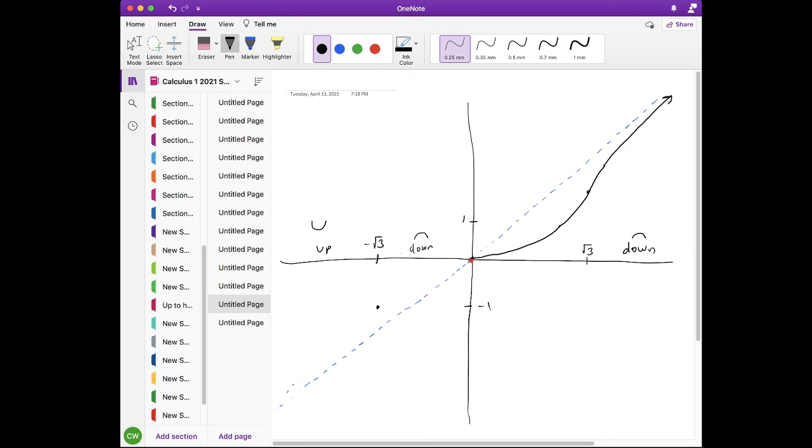Now we know it's odd symmetric, so we just need to copy this graph on the other side. So it's going to be concave down towards negative root 3 and then turn around and be concave up towards the asymptote. So here's the concave down part. Notice that the tangents are above. And then here is the concave up part. And notice the tangents are below.